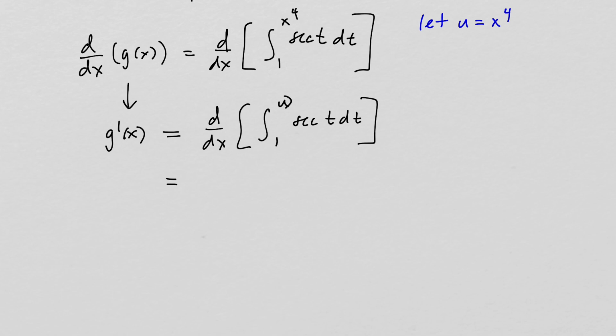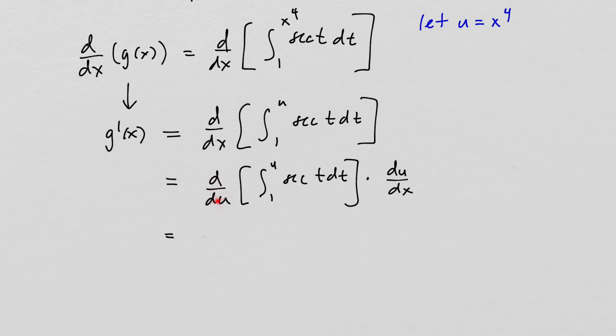But now you can see the variable in the integration here is u instead of x. So when I take the derivative with respect to x, I have to use the chain rule. And the chain rule says you would first take the derivative with respect to u of this thing, and then you have to multiply by the derivative of u with respect to x.